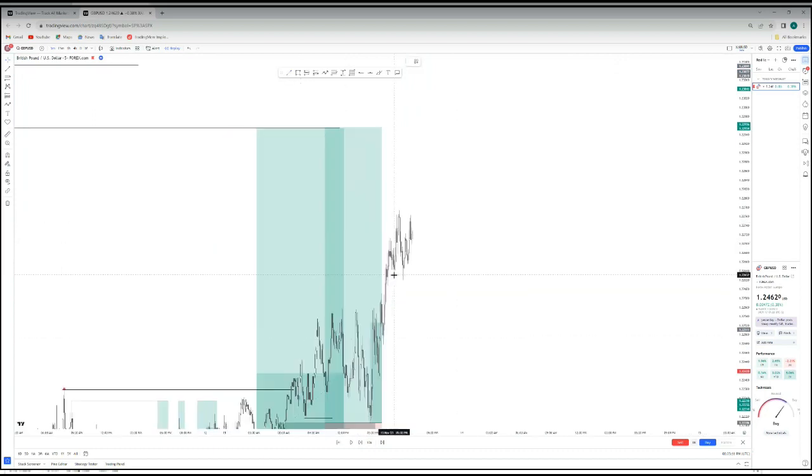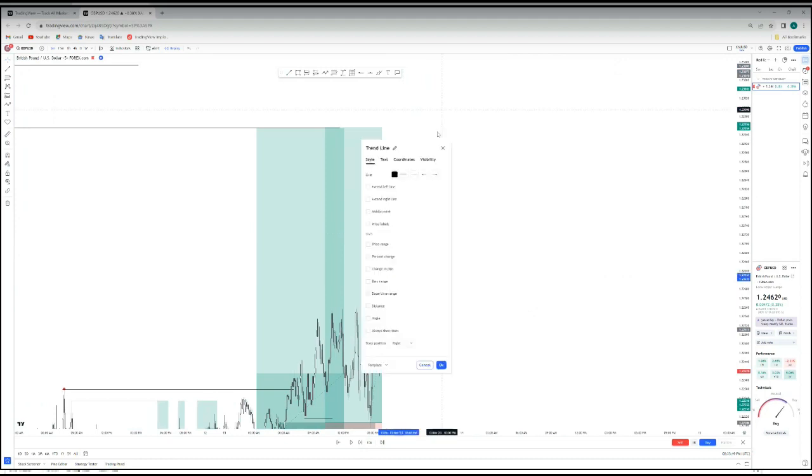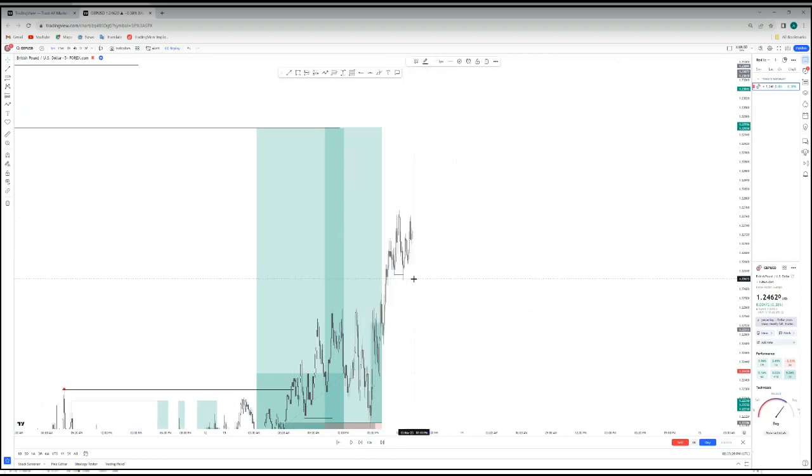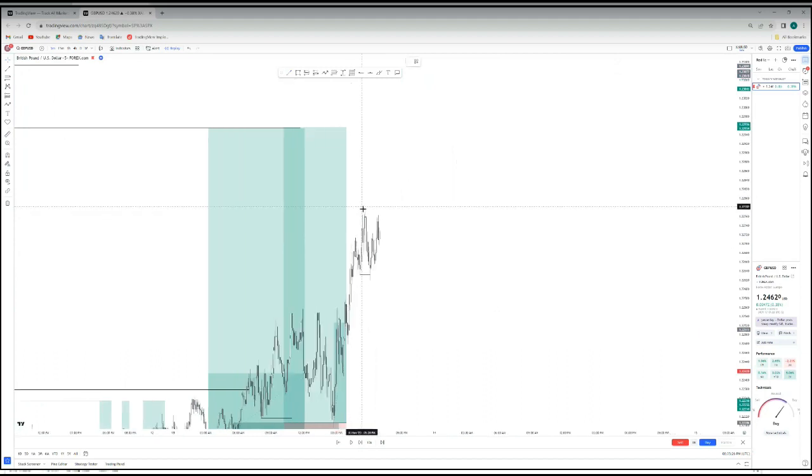And I have this strong low already for breaking structure, but I want this side to be taken out to confirm a major BMS to continue the trend. And I have liquidity already, which is this. So let's see if I'm going to have a break of market structure.